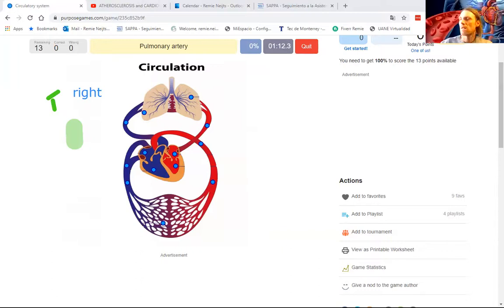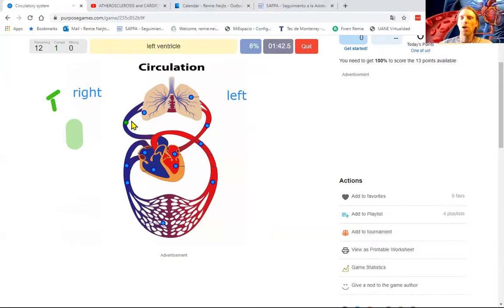Because we look at the patient's right side. So this would be the left side if you take the perspective of the patient. So what would be the pulmonary artery? We don't care about the time. Okay. In the right side, in the right part of the heart. Okay, this one.